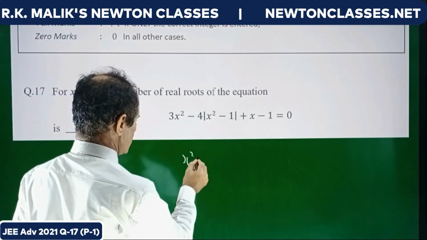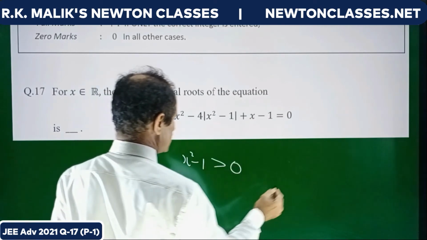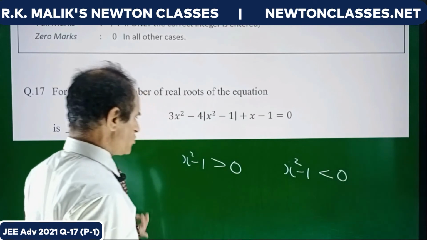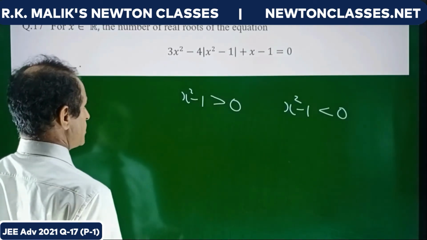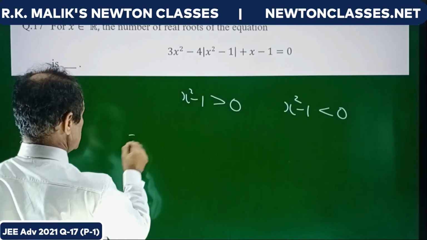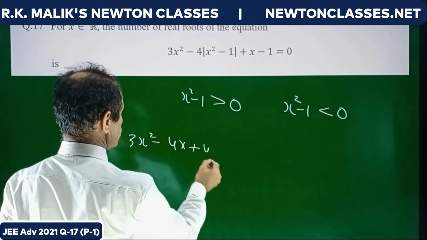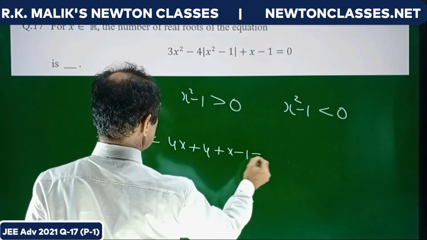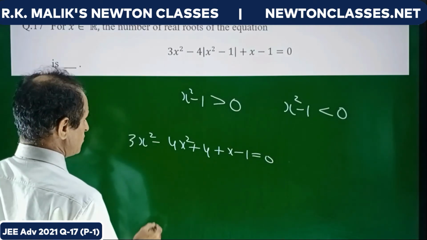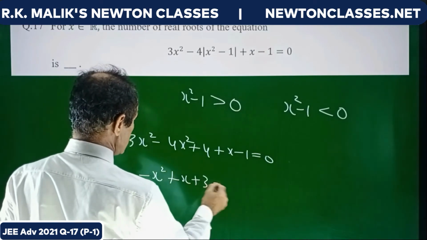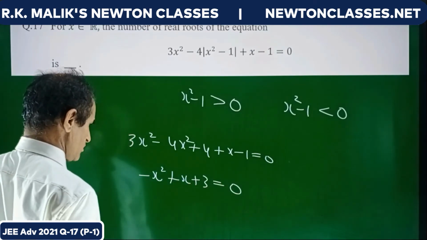First case when x square minus 1 is greater than 0. Second case when x square minus 1 is less than 0. And when x square minus 1 is greater than 0, then 3x square minus 4x plus 4 plus x minus 1. This is the resultant equation, that is minus x square plus x plus 3 equal to 0.